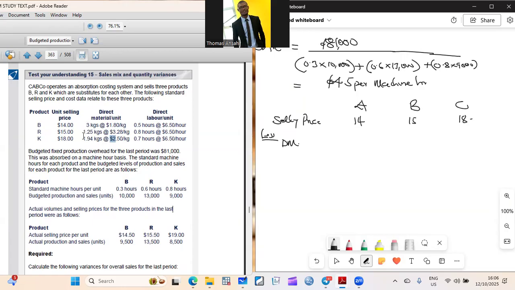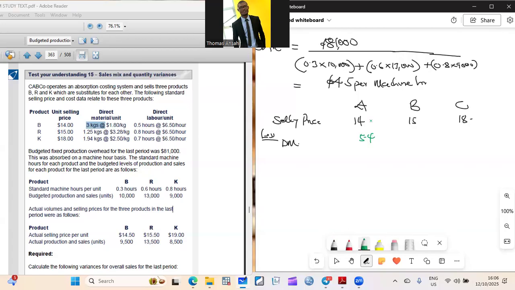That is the price. You need 1.25 at 3.28. So do the multiplication and let's see. For A, 3 kg you need, and the price of a kg is 1.8. It's 5.4.